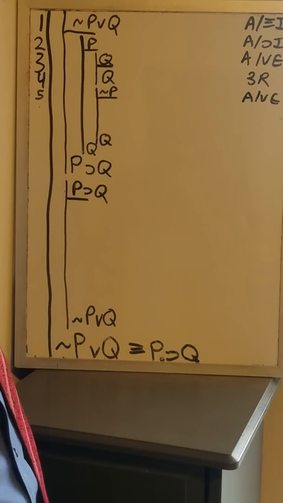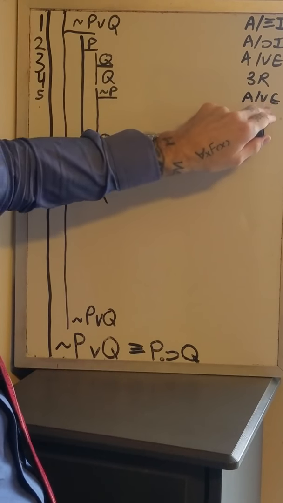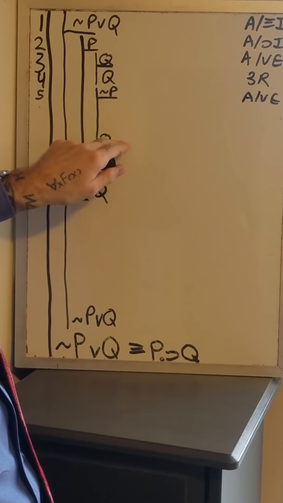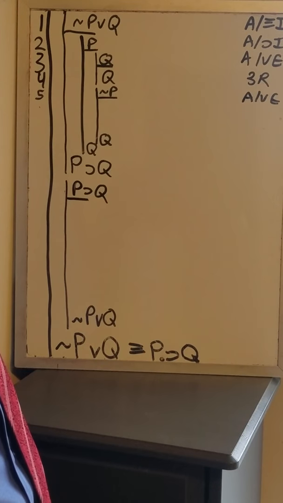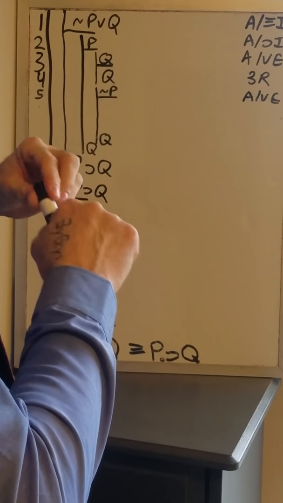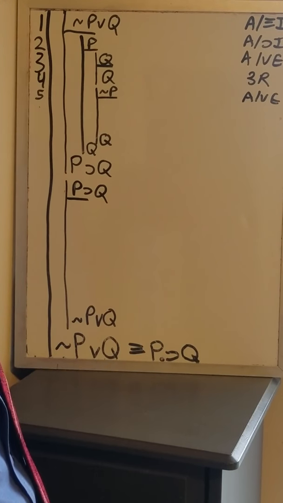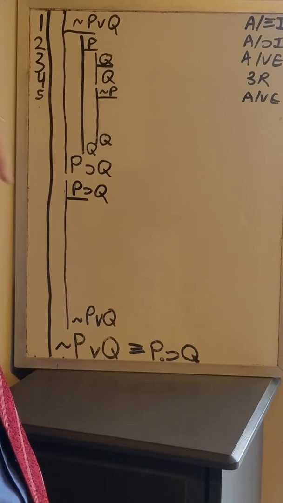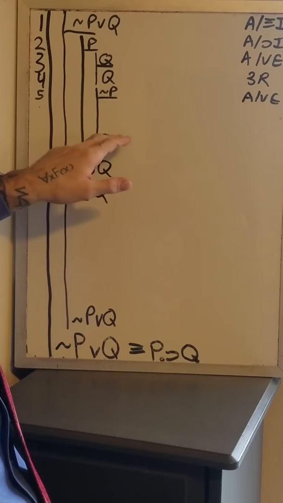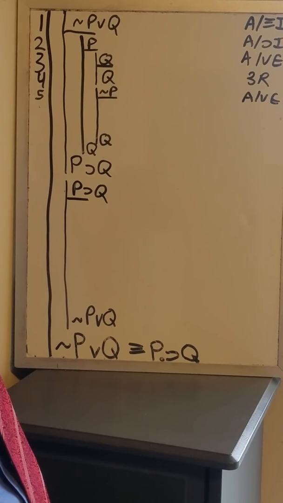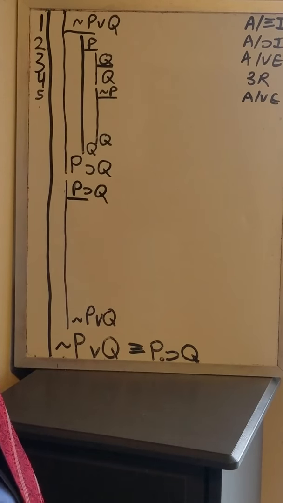Think about this for a second and see if you can see how we're going to proceed here. So line 5 is not P for disjunction elimination, and we're trying to get Q. So now we have a contradiction here. We have P and not P. So remember, when we're trying to use a contradiction, you have to assume the opposite of what it is you're trying to get, and then reiterate the contradiction down into that subderivation.